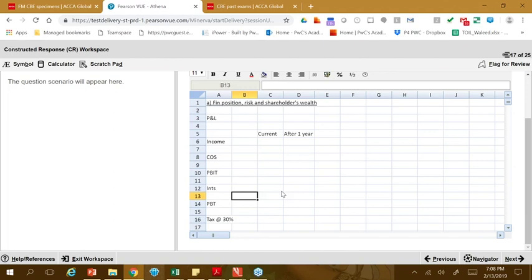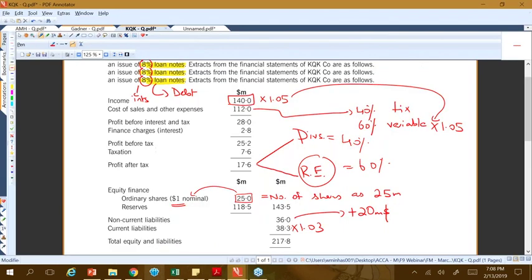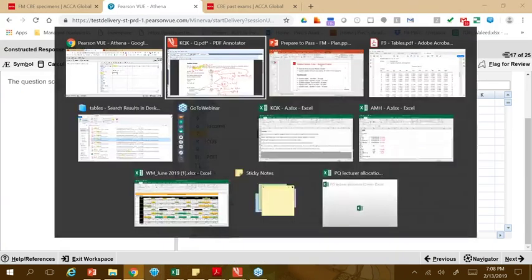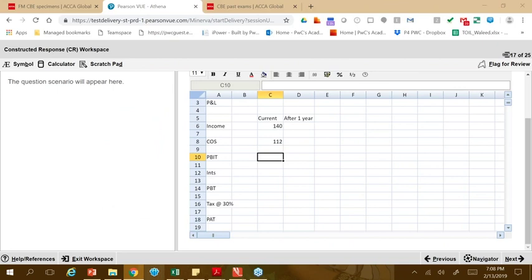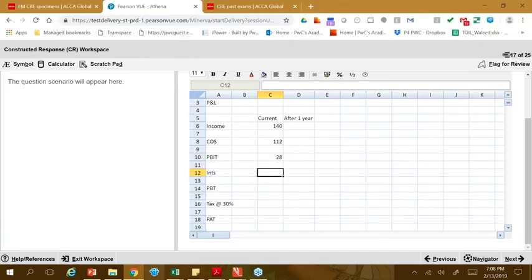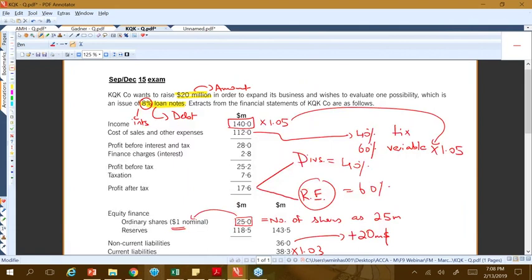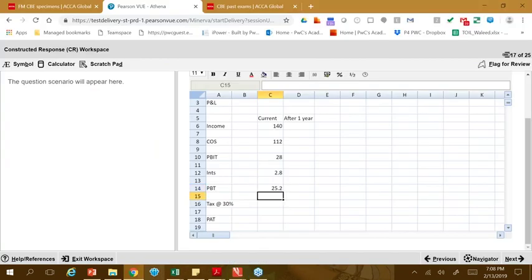I'm going to fill up the current values in. So income is 140. Cost of sales is 112. Profit before interest and tax is 28. Interest is 2.8. Profit before tax is 25.2.